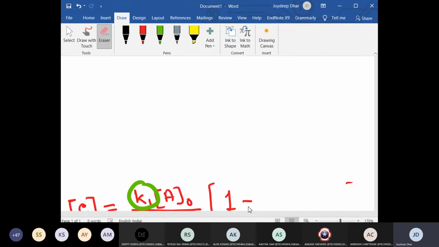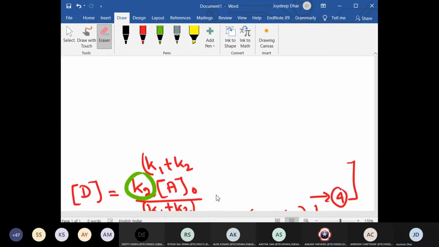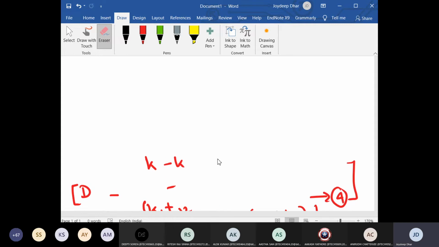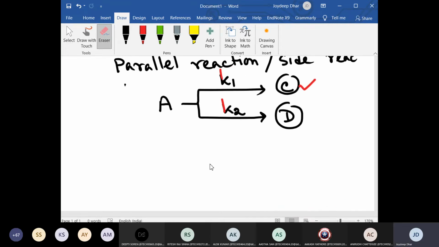When rate constant is very large, we can say reaction is irreversible, but that will be the extreme case. But more or less all reactions are reversible. So as I have shown just now, the reaction A is giving you product C and D.